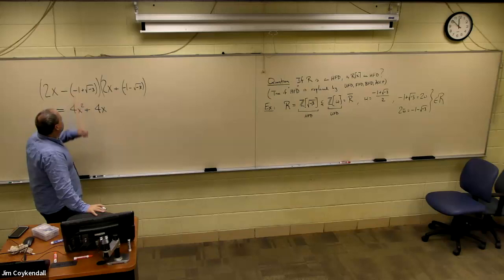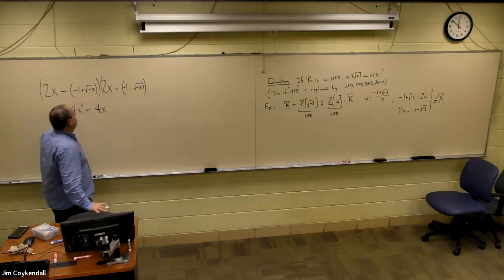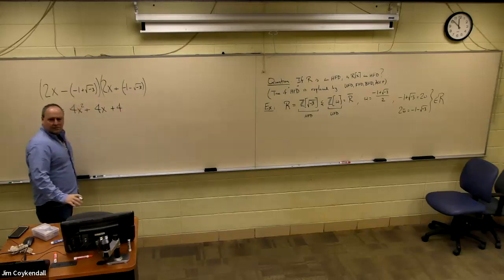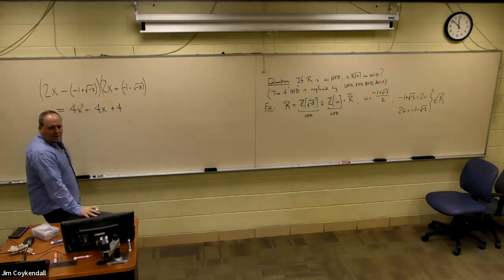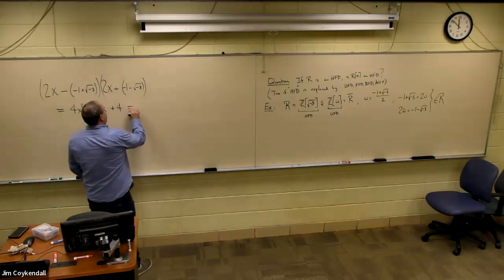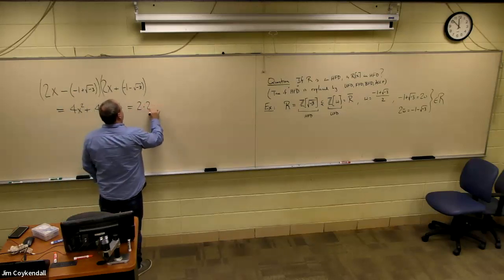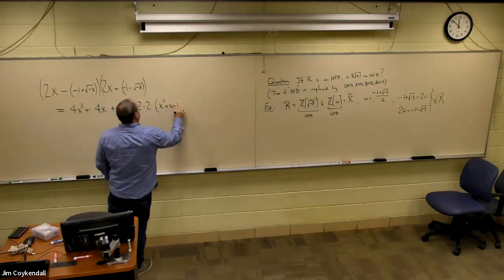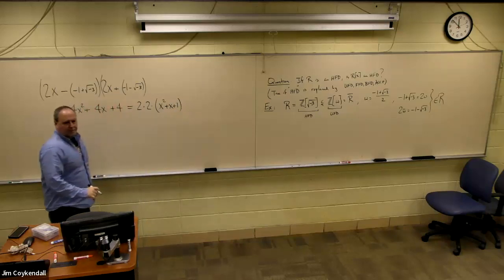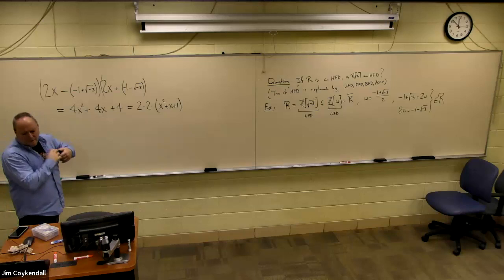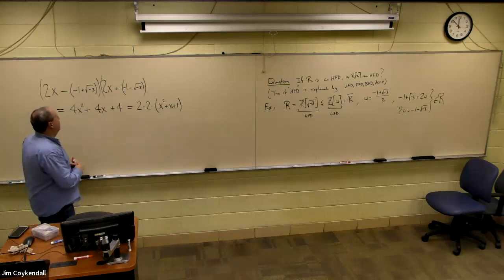And the final term is going to be 1 plus 3 is 4. Okay. And this is 2 times 2 times x squared plus x plus 1.